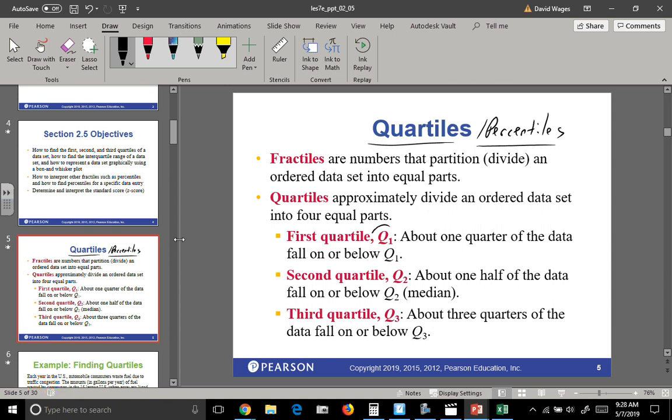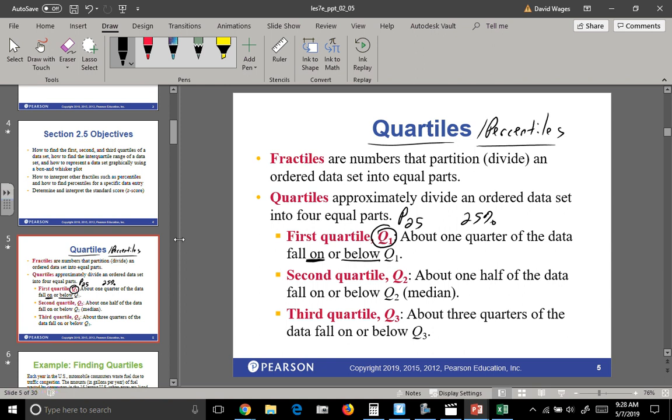The first quartile, the first quarter, is just the first 25% of the data. The first quartile or the 25th percentile are the same thing. And what that means is about 1/4 or about 25% of the data is at that level or below it.